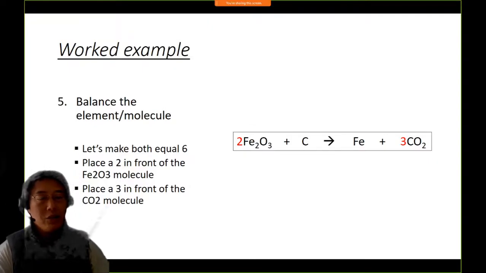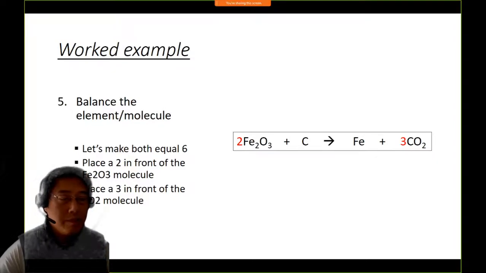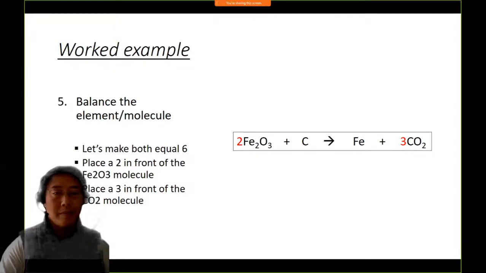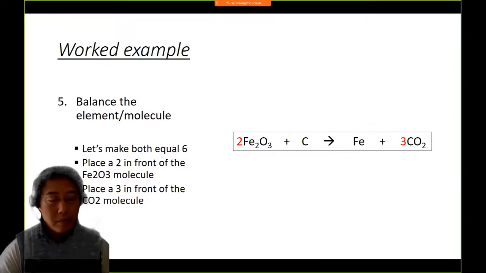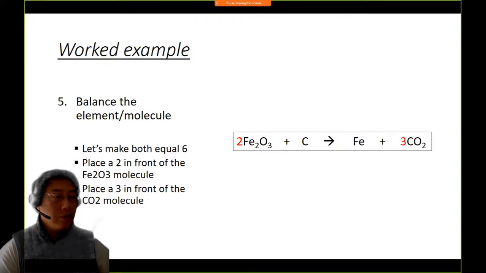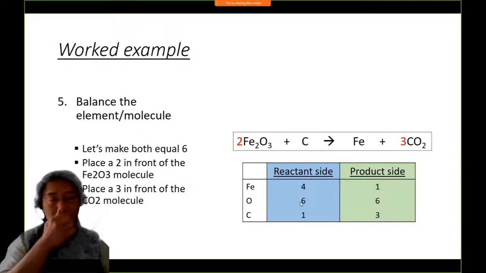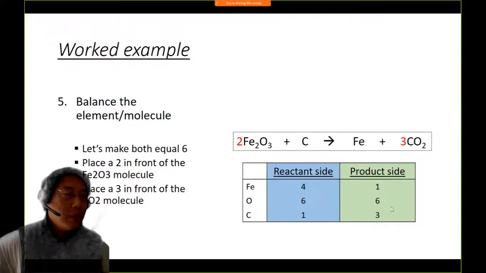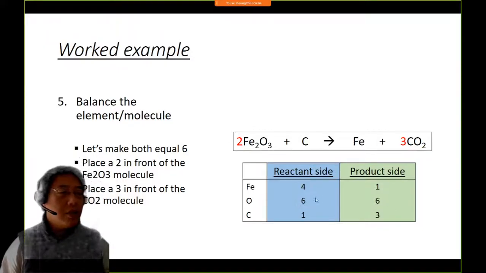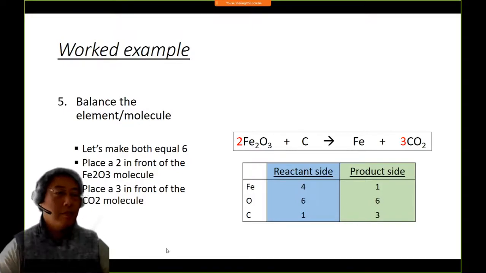So how many atoms do we have now on the reactant side, the left side? You do the same on the right hand side. Because you multiply now by 2, 2 times 2 gives you 4 iron, and with the oxygen, 2 times O3, that's 2 times 3, gives you 6. You do the same on the right hand side, and now your oxygen are the same.